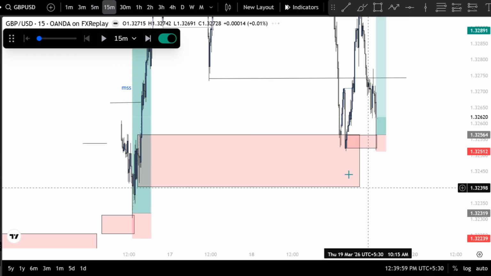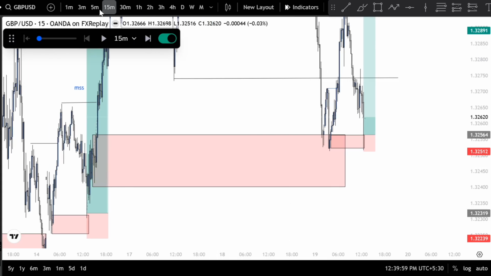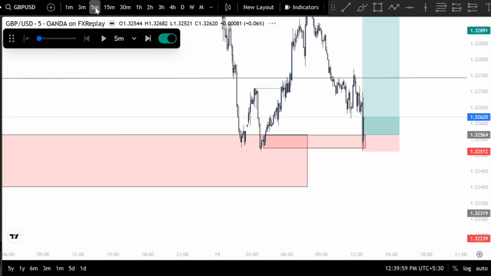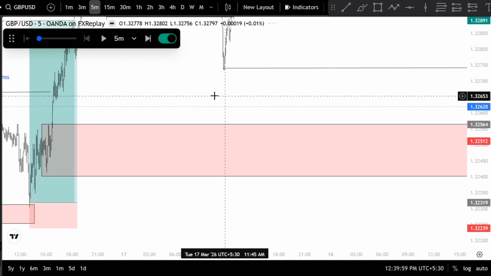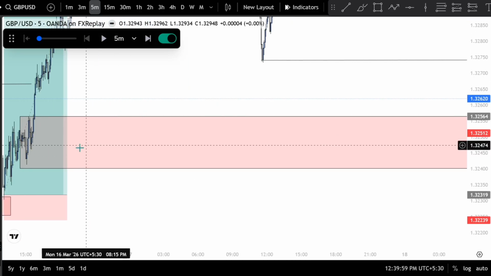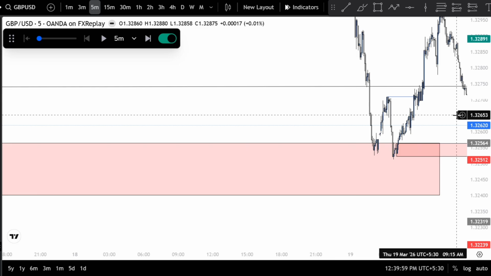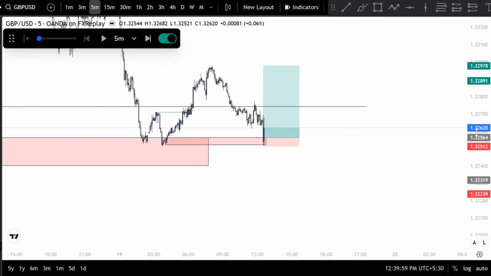Pretty much easy, right? We have our last POI too. Do we have any POI? Okay, this is filled, this is filled. Okay, no POI, so this is a good trade.